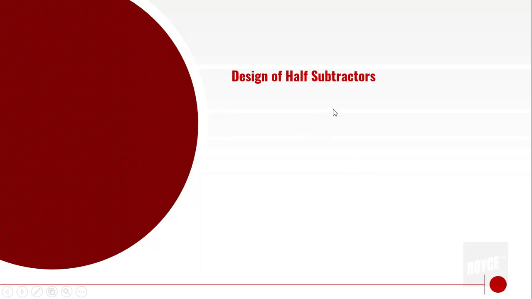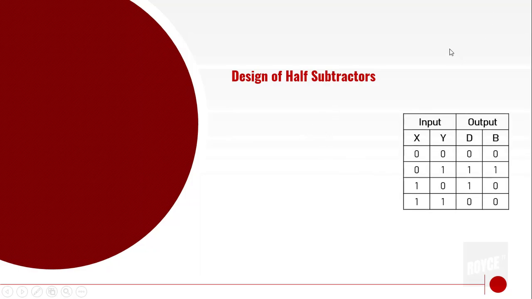Design of half subtractors. Syempre, unahin natin would be the truth table. So, 0 minus 0 is 0 yung difference. May borrow ba yon? Wala. So, 0. 0 minus 1. So, hindi po pwede. Kailangan natin mag-borrow 1.